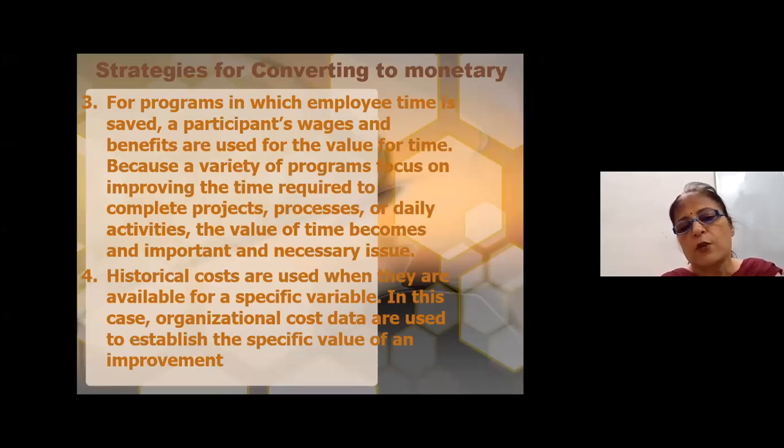Historical costs are those that are used when they are available for a specific variable. In this case, organizational cost data are used to establish the specific values of an improvement.